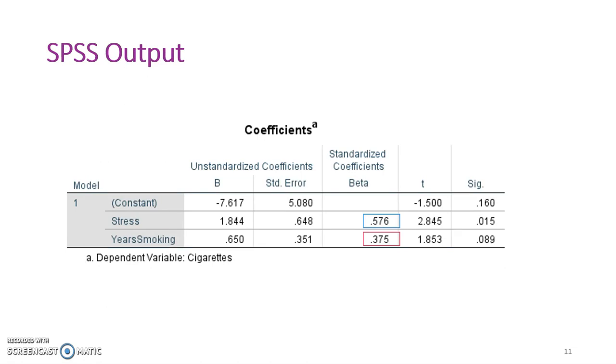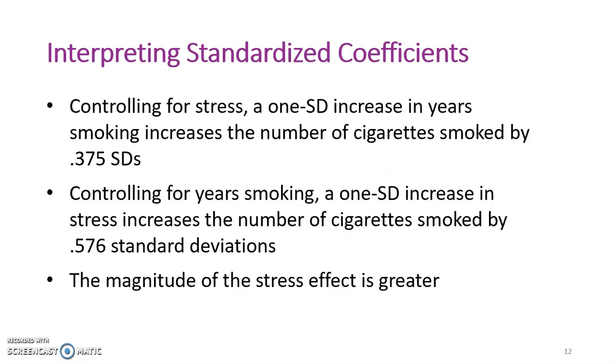I've highlighted here where to find those in the SPSS output. The standardized coefficient of stress is 0.576, and the standardized coefficient of years smoking is 0.375. Here's how we would interpret those coefficients. As we talked about in one of the first lectures on multiple regression, we are always controlling for or accounting for the other predictor.